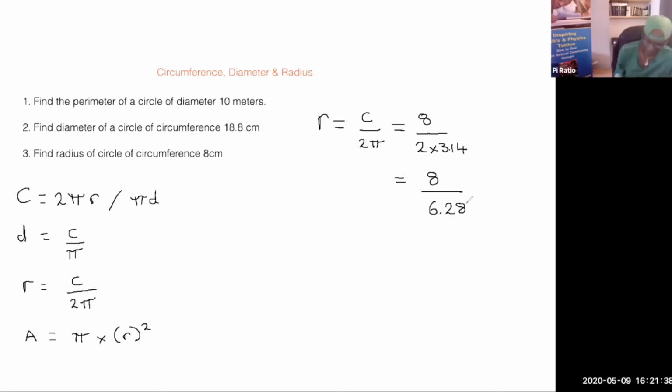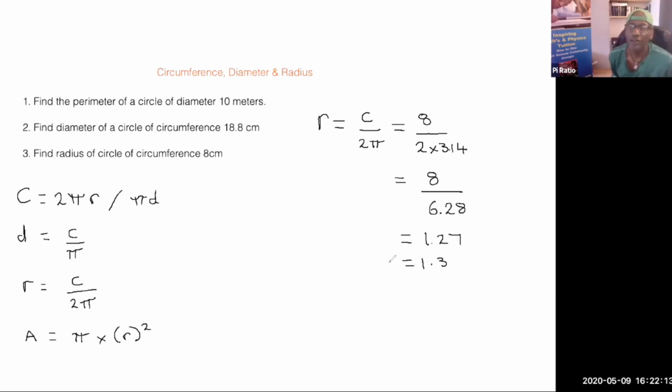And then I'll just get my trusted calculator and do the sums. 8 divided by 6.28, which is equal to 1.27, rounded off, is equal to 1.3.